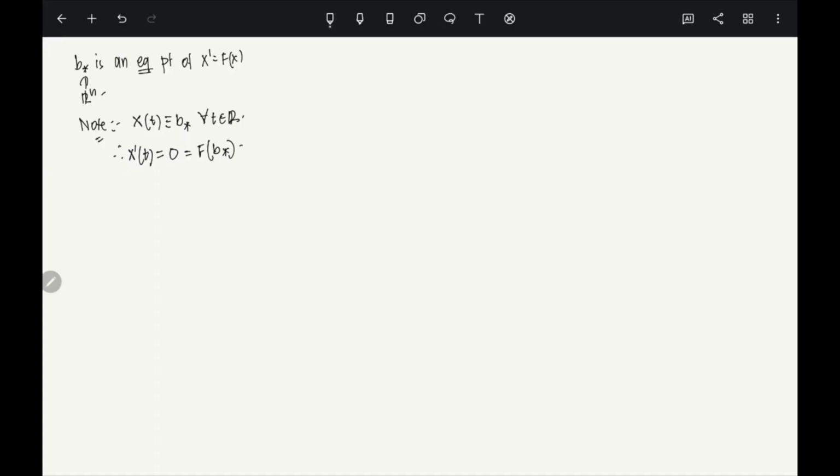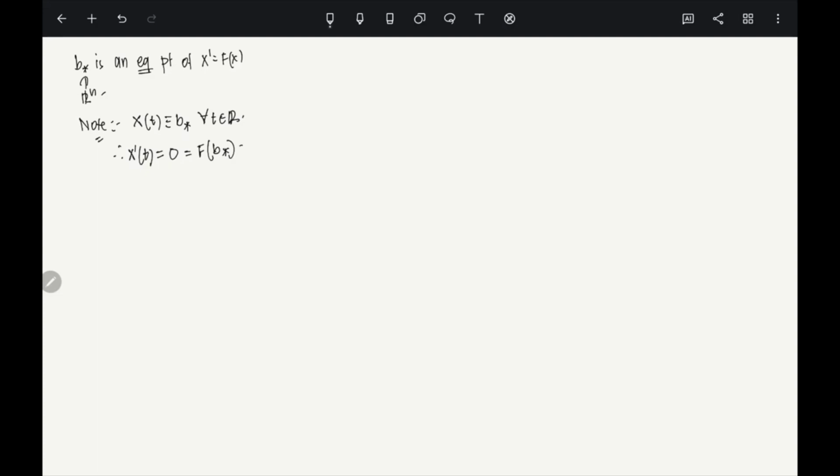So that is always a solution of the equation, that is always there. If you can find the equilibrium point and define a solution out of it using the idea that the function is constant, then that function also satisfies the equation.